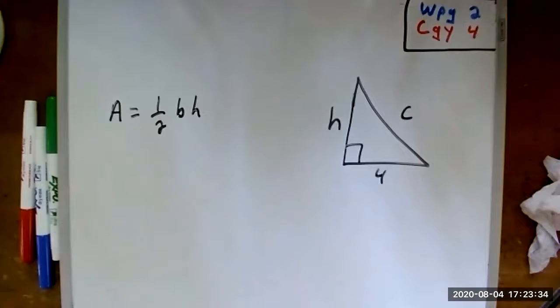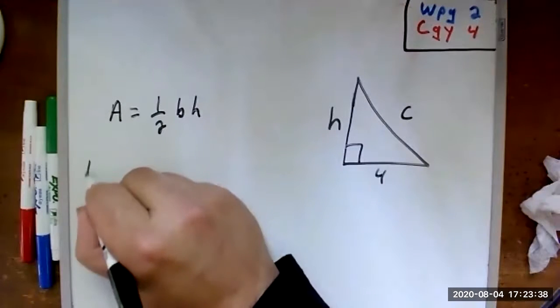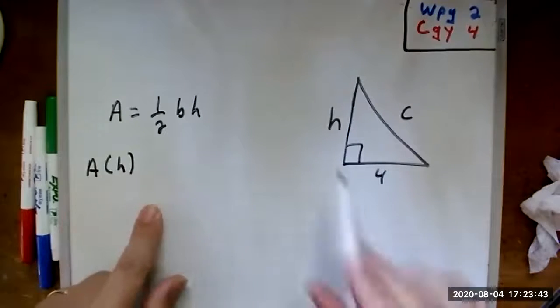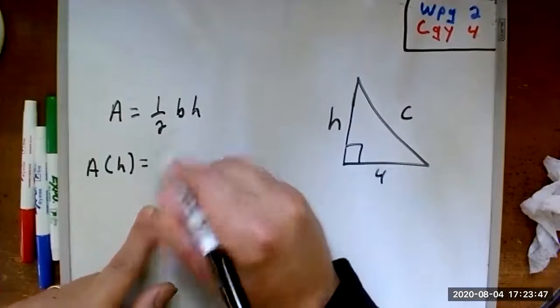Okay, so when we've got a triangle like that, and of course we're being asked for the area, we know that the area of a triangle is 1/2 base times height. And in this case, we happen to know what our base is. It happens to be 4.